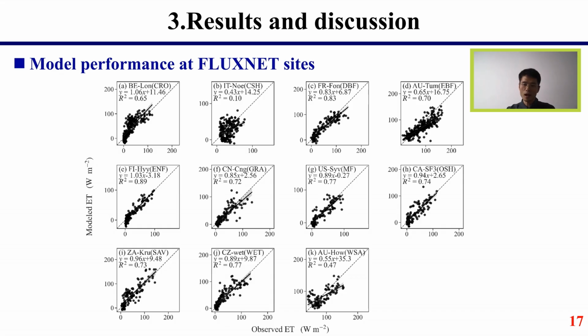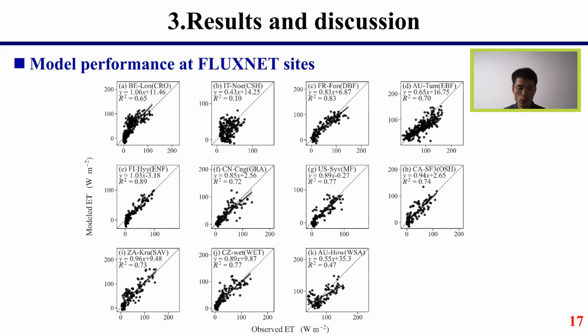After we have this model set up, let's see the results and discussion. We first evaluated the model at the FluxNet sites. These are the representative sites for each PFT. Most of them are satisfying.